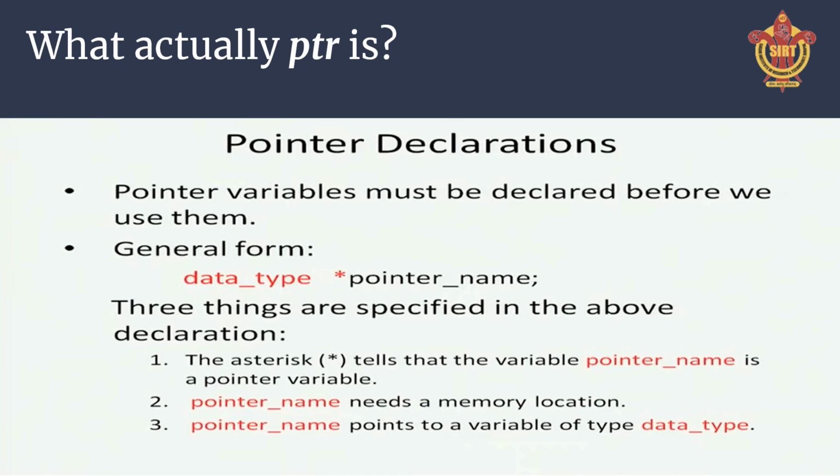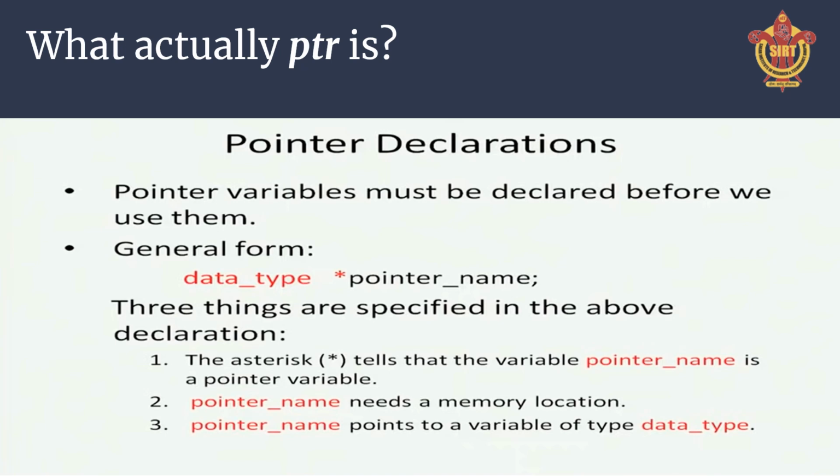The first one is the asterisk sign, which tells us that the variable pointer name is a pointer variable. It means that the name declared after the asterisk sign is the name of the pointer variable.